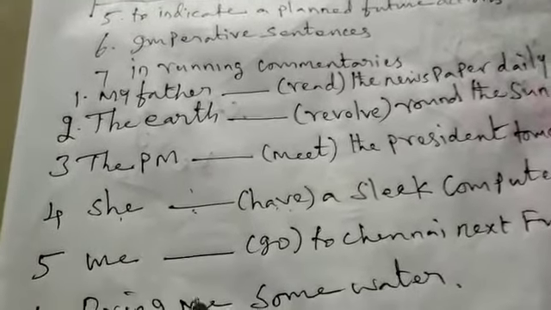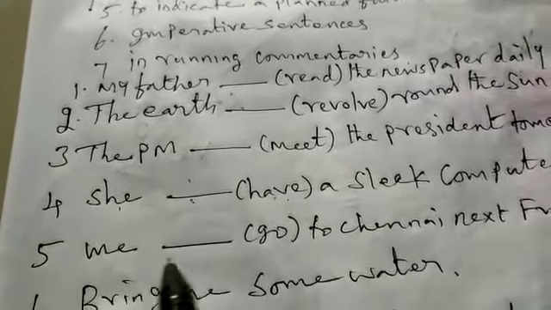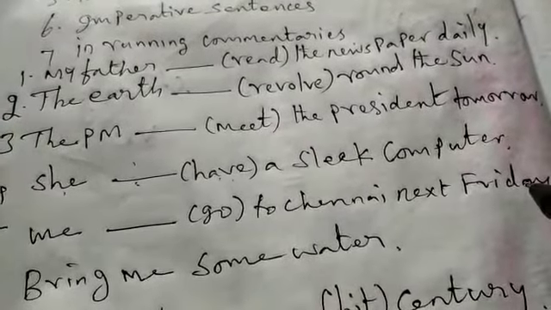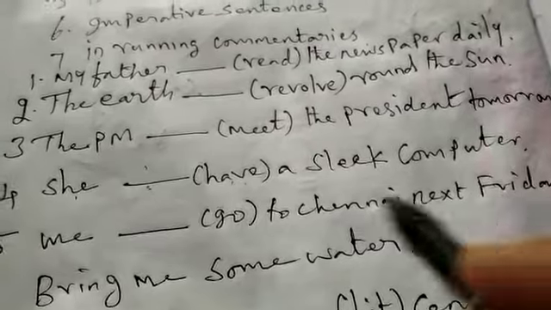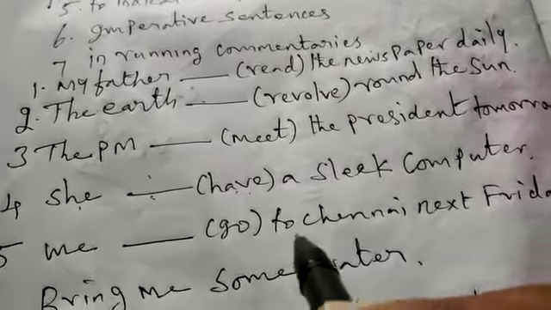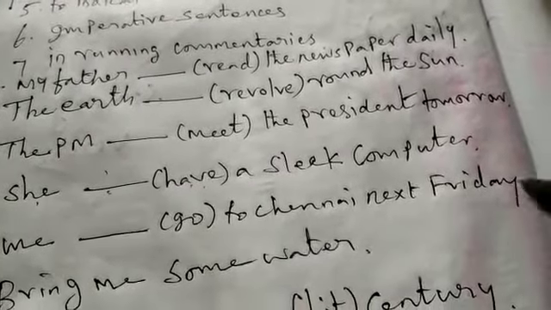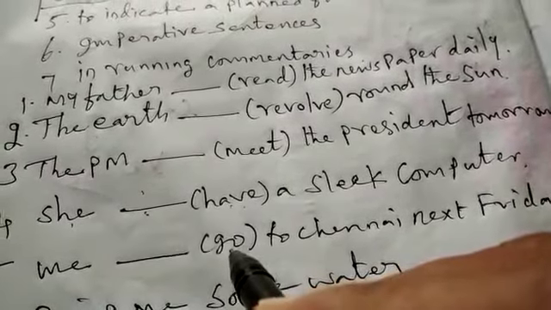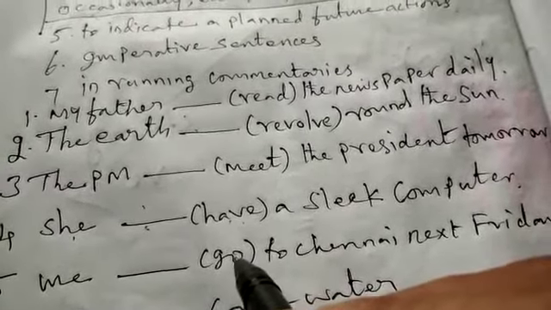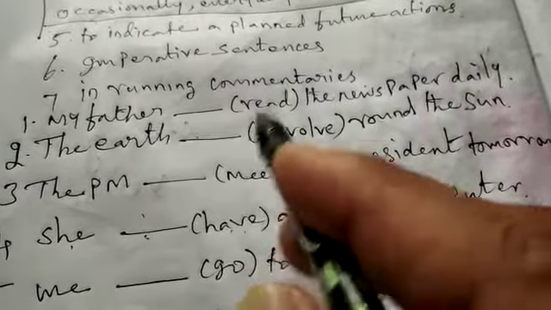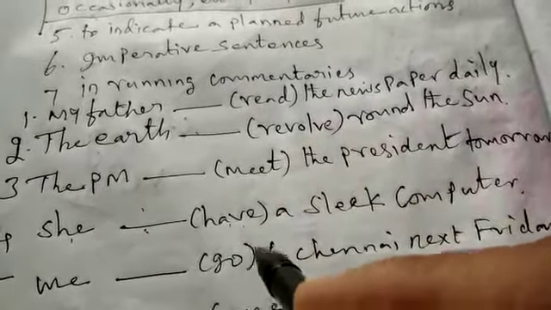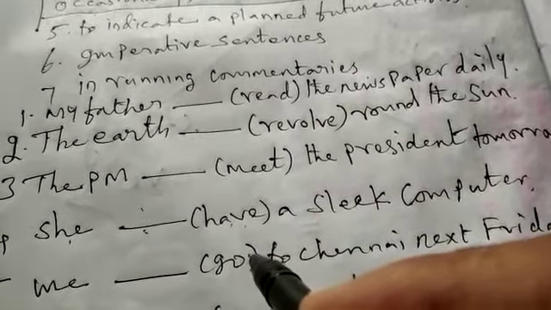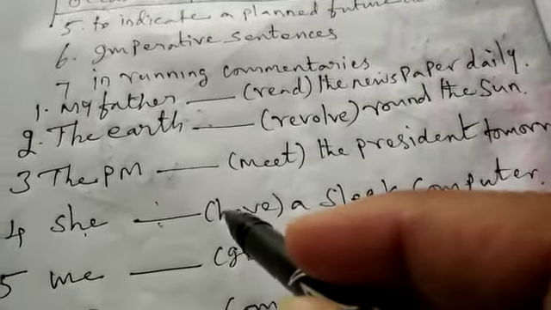Fifth one, we dash to Chennai next Friday. You can find here within brackets go. Dear students, you remember one thing, a verb within brackets are all V1.